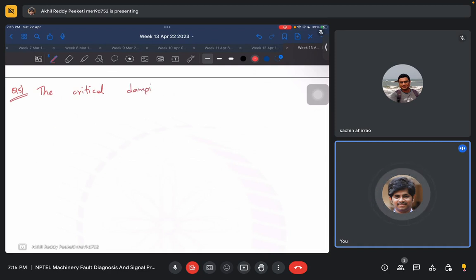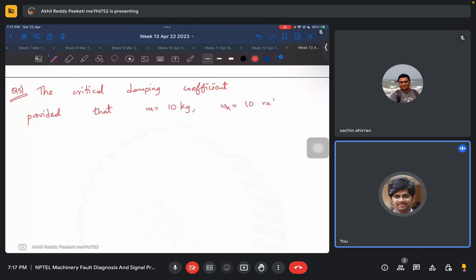The critical damping coefficient in Newton per meter per second, provided that m is equal to 10 kg and omega n is equal to 10 radians per second, is?